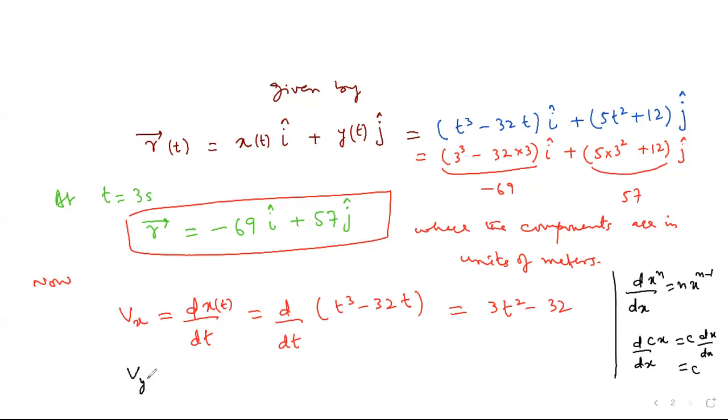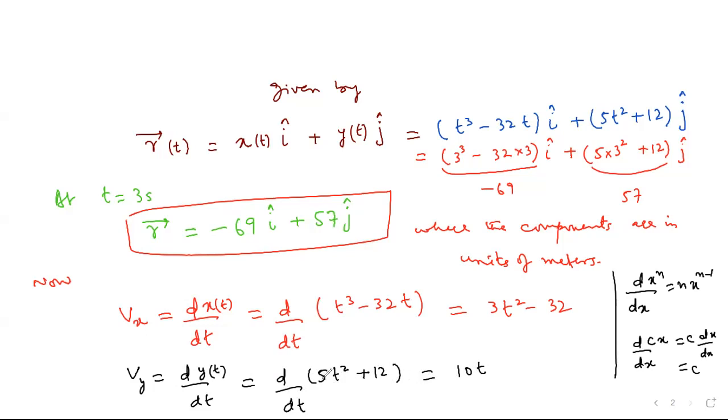Now we find the velocity along y. Velocity along y will be time derivative of the position along y. So it will be d by dt of y of t, which is 5t square plus 12. So differentiate it. It will be just 10t. d by dt of 5t square plus 12 will be just 10t.